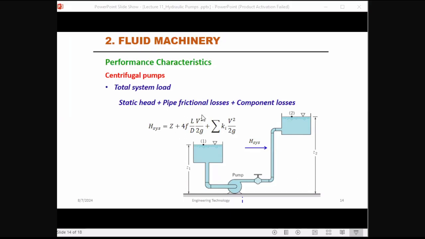What is this part? You know about this part and this part. Can you explain about this part? This part we need to add due to what?